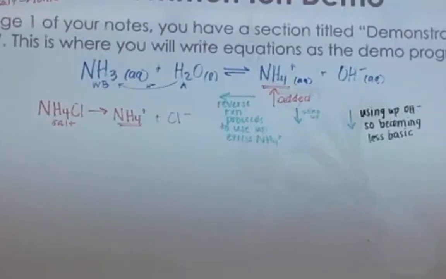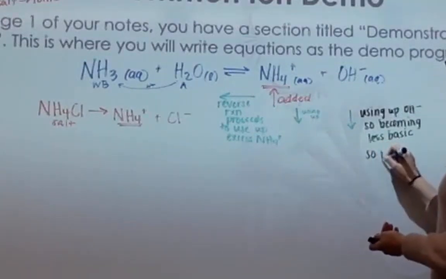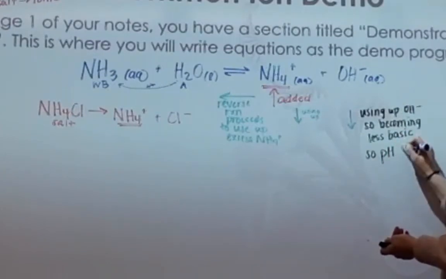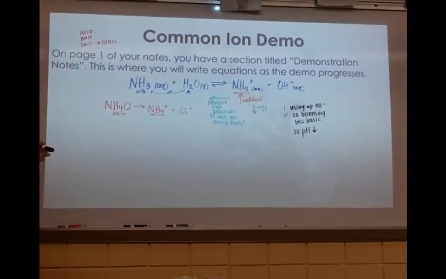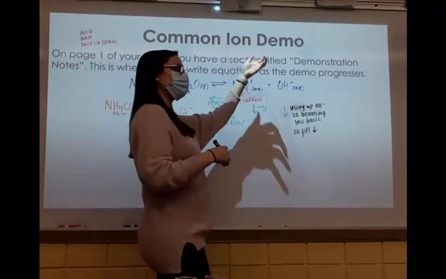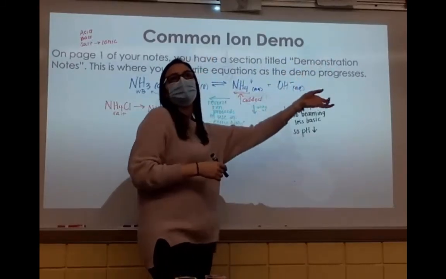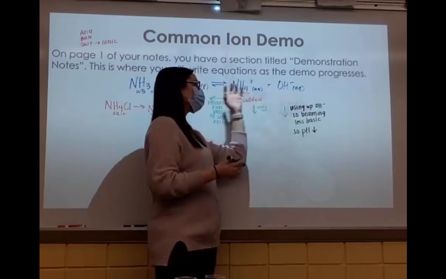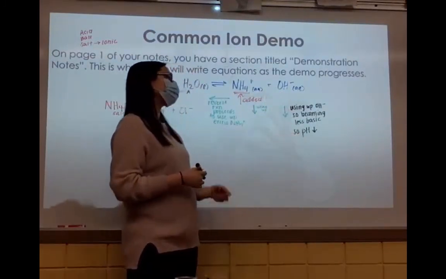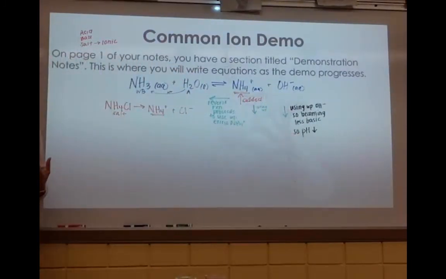Well, that means it's technically becoming more acidic. So the pH will actually decrease. Because a higher pH represents a basic solution, and it's becoming less basic, less OH- because we're using it up, so pH is actually going to go down.